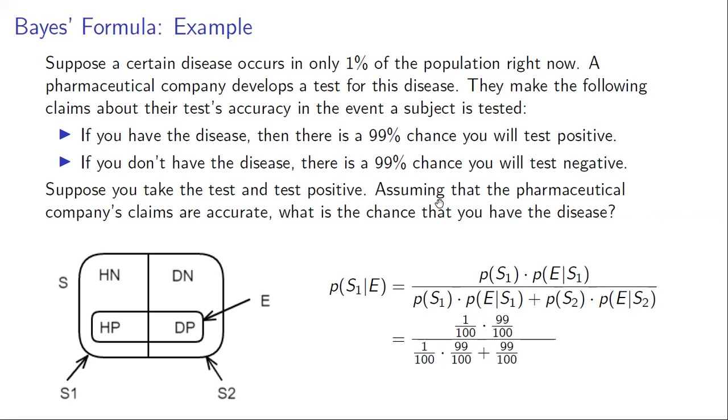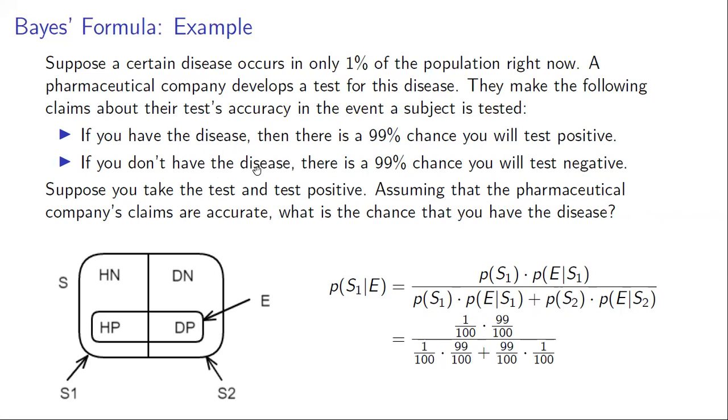If there's a 99% chance you will test negative, that means there's only a 1% chance you will test positive. Right. In this case, the probability of E given S2 means what's the probability that I will test positive given that I don't have the disease? So there's a 1 in 100 chance that will happen.